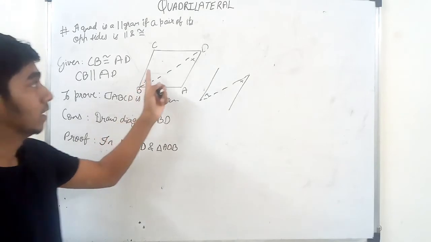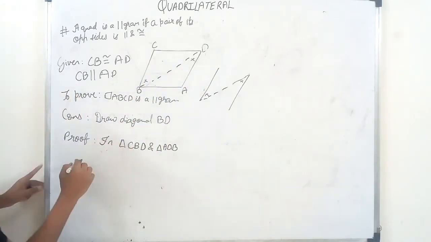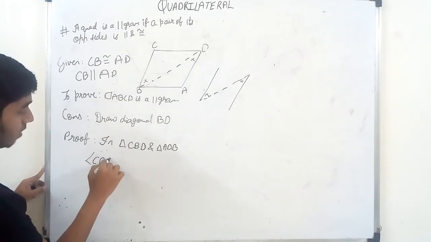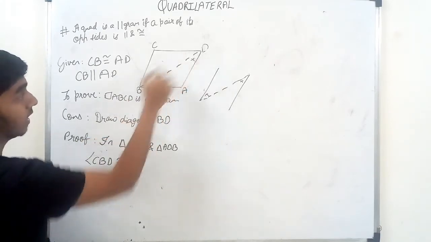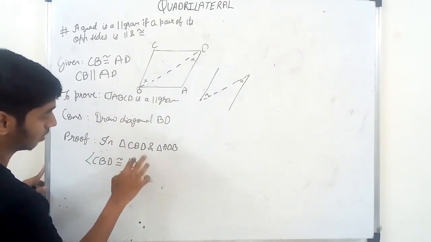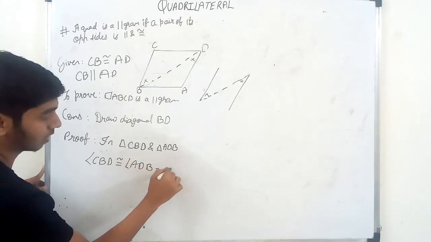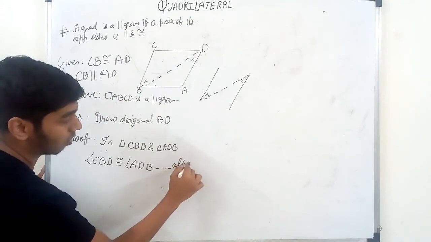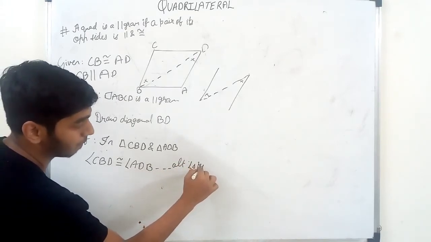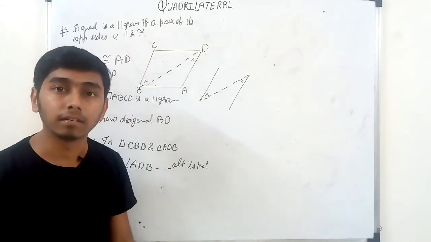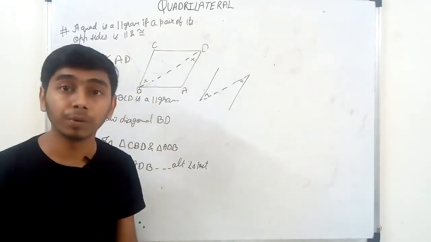Now we can say that angle CBD is congruent to angle ADB. Why? Because of the alternate angles test. The lines are parallel, therefore alternate angles are congruent.